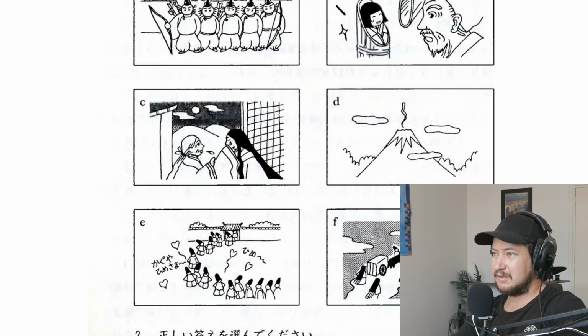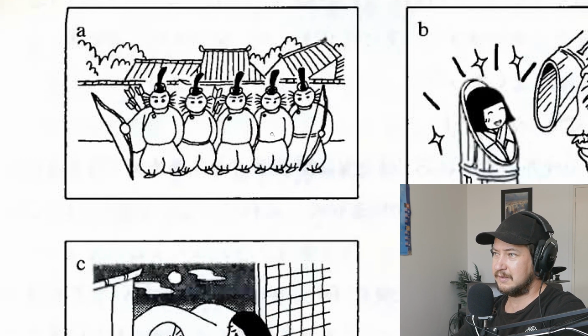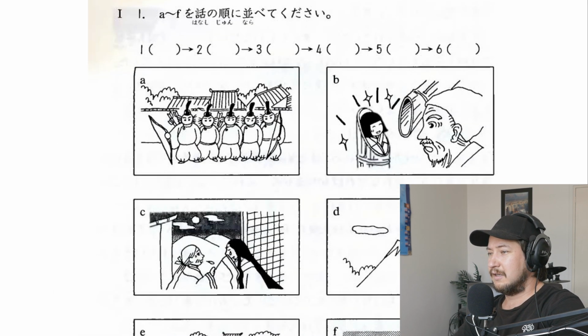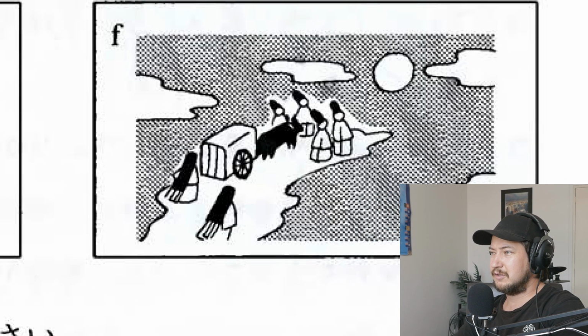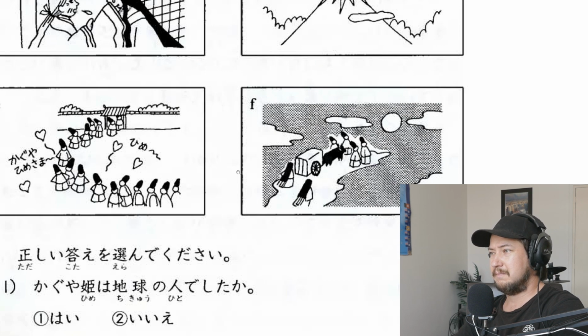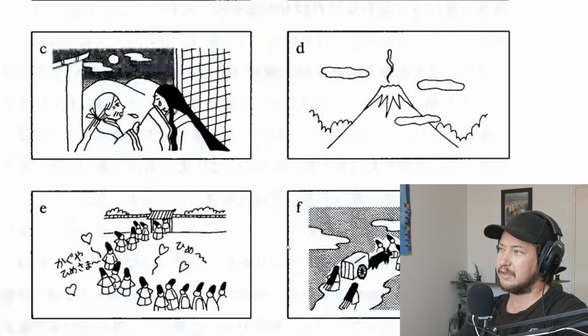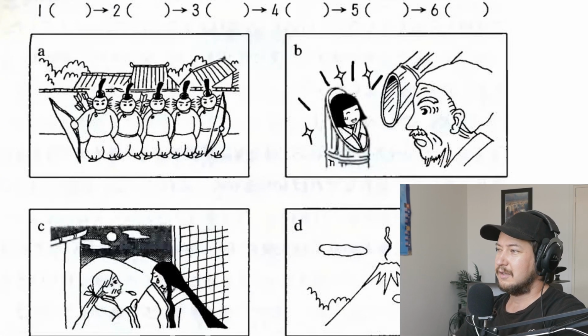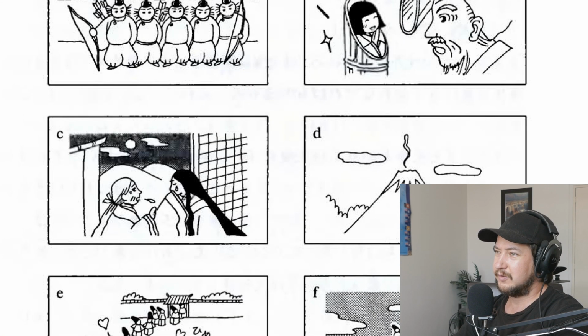Bottom left. And then, in the end, somehow there were 5 of them. And what did she do? She sent them, I guess F, I'm imagining she sent them far away. Actually, no. This is where they go to the moon. Okay, I got it. Go back. So that's number 1.